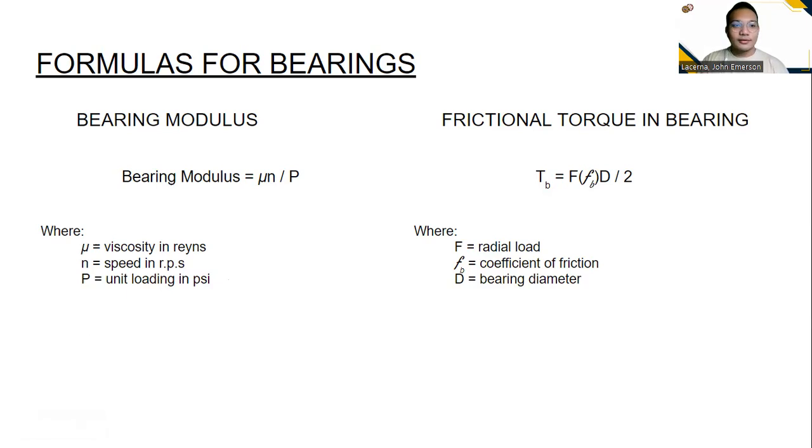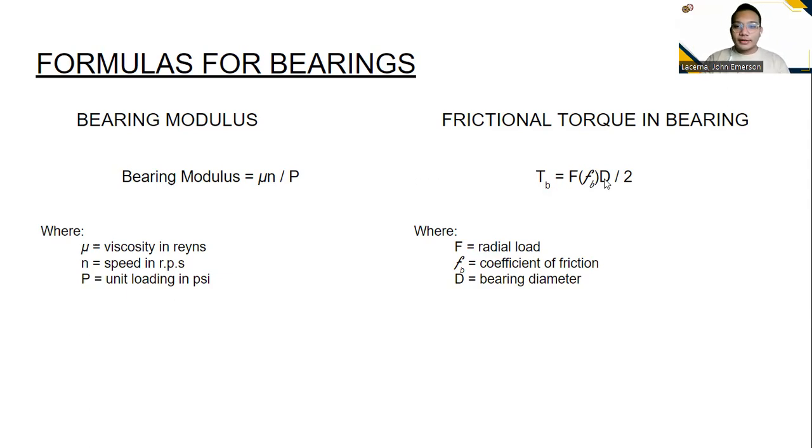It is a value para pag magdi-design tayo ng ating ball bearings. And mas ma-elaborate siya and madi-discuss sa libro ni Peirce. Yung ating black book. Yan. Sa likod nito, meron mga values ng ating bearing modulus when designing a ball bearing.